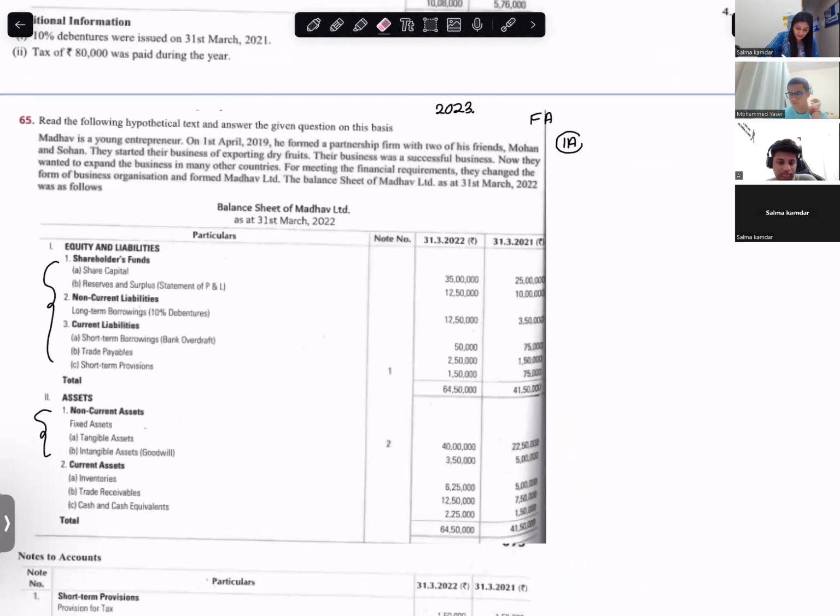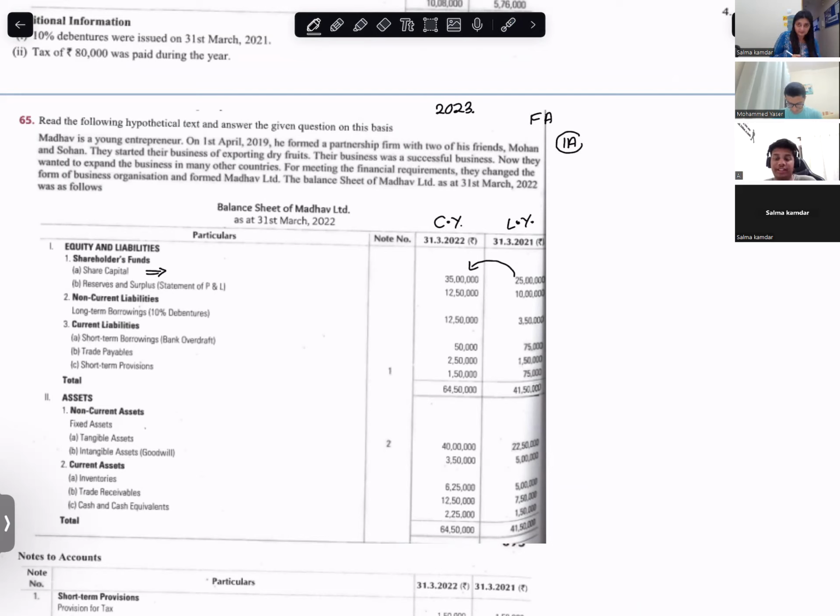Come on, let's read. Share capital. First, we will see which is our last year, which is our current year. Now, share capital. What has happened, Anas? It has increased by 10 lakh. Share capital, which activity? Investing activity.